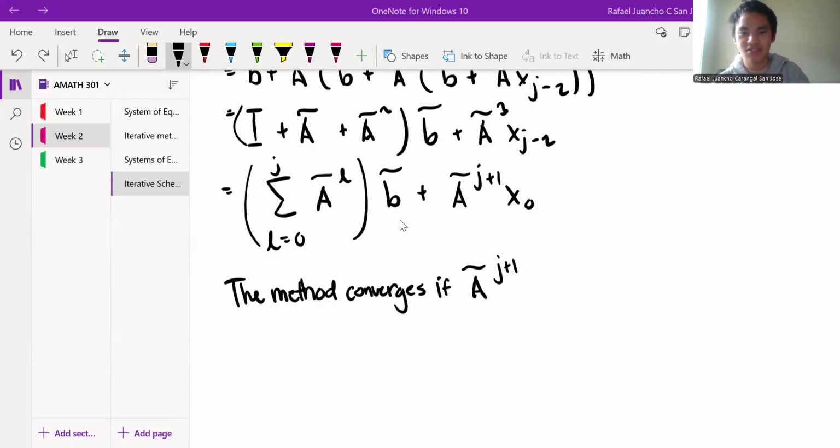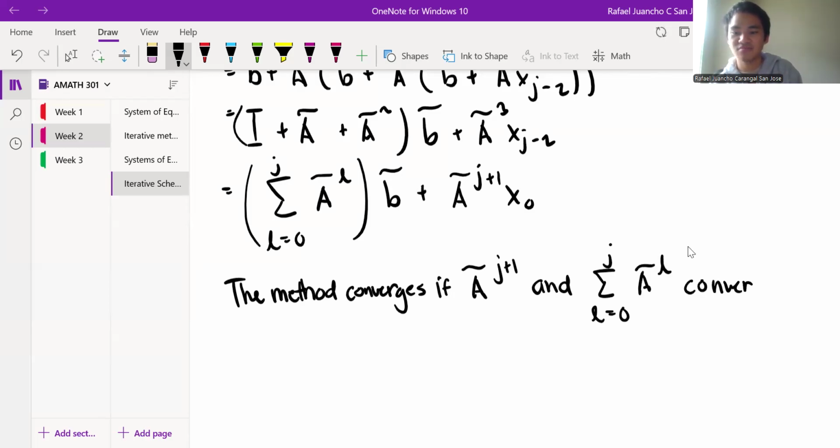Yeah, so the condition is that this will converge if my A tilde to the j plus 1, as well as my summation of L starting from 0 going all the way to J, A tilde L, if both of these converge. That means their limit is not infinity. So here's another thing.